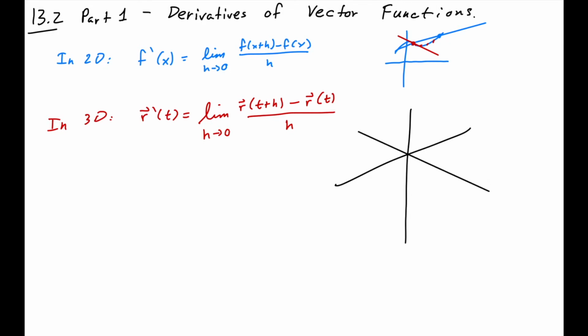So we have a space curve floating out here. We might have a line connecting two special points. It's still a secant line.